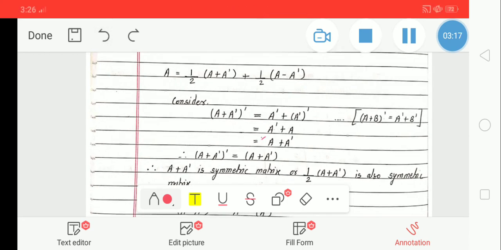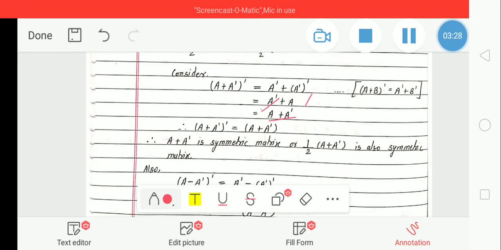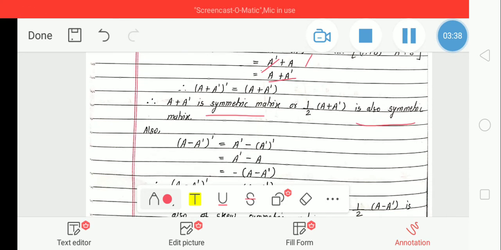So A dash plus A, we can also write as A plus A dash. So (A plus A dash) whole dash is equal to A plus A dash. A plus A dash is a symmetric matrix, and also half of (A plus A dash) is a symmetric matrix. And (A minus A dash) whole dash is equal to A dash minus A dash raised to A dash.